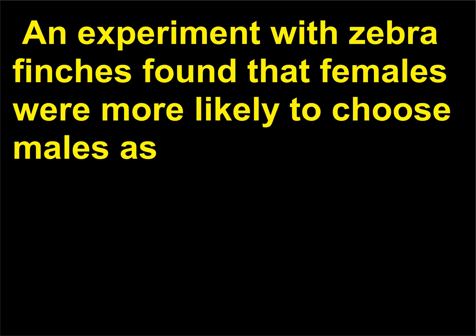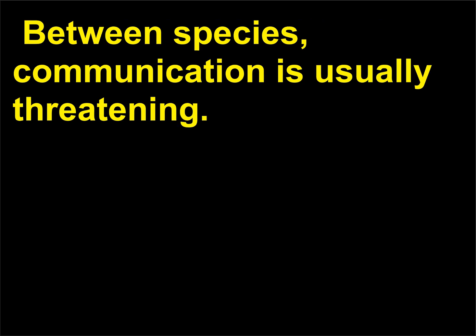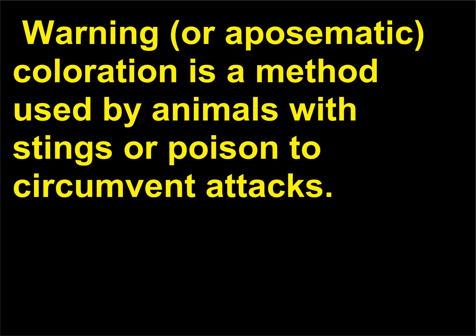An experiment with zebra finches found that females were more likely to choose males as mates if the identification bands on their legs were red rather than some other color. Between species, communication is usually threatening. Warning, or aposematic, coloration is a method used by animals with stings or poison to circumvent attacks.